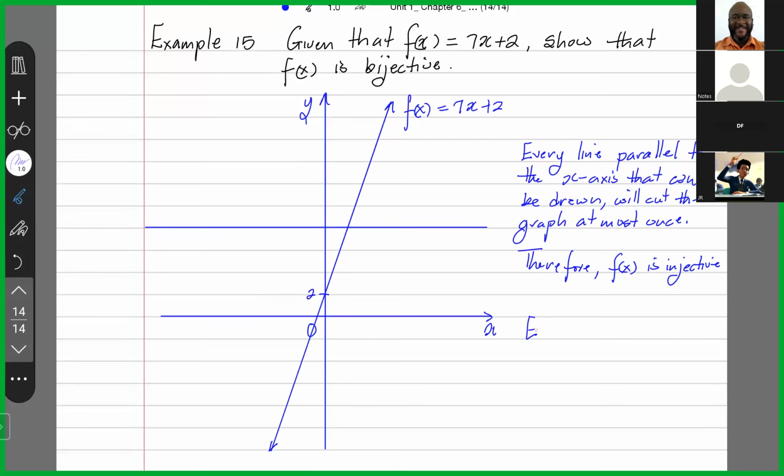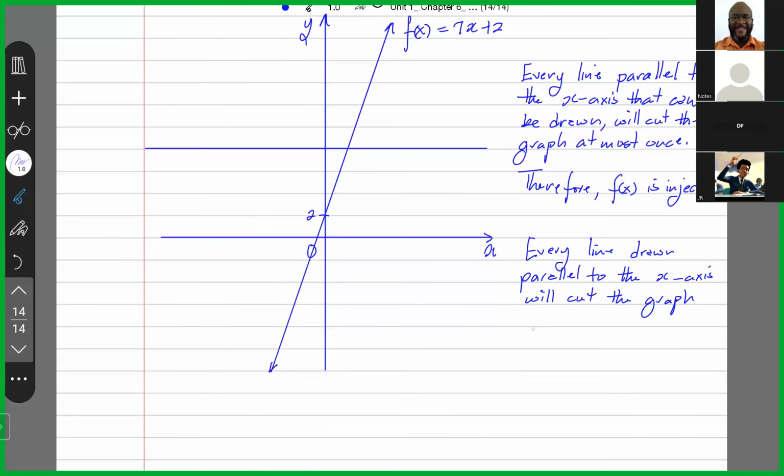Now, every horizontal line, every line drawn parallel to the x-axis will cut the graph at least once.